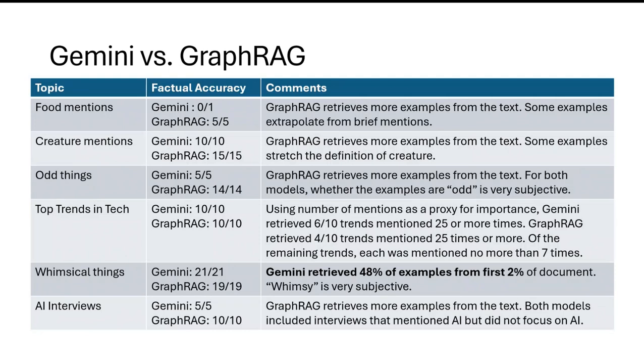Let's say you send a lot of text, but you only ask a question from the initial subset of the data in the entire context. Then Gemini performs better because it takes the initial few as the primary data set and gives more detailed responses. But everything else, GraphRAG was either equal or even better.